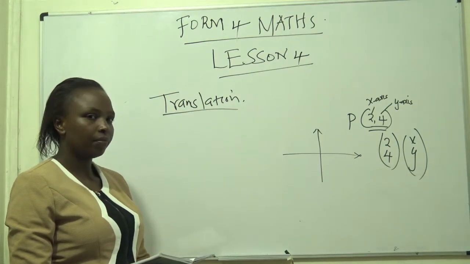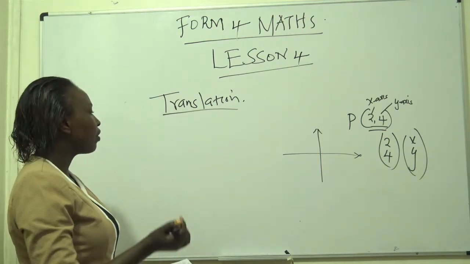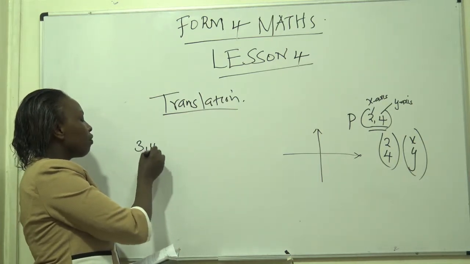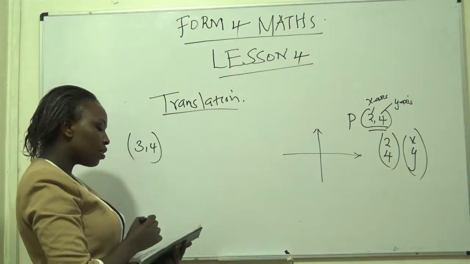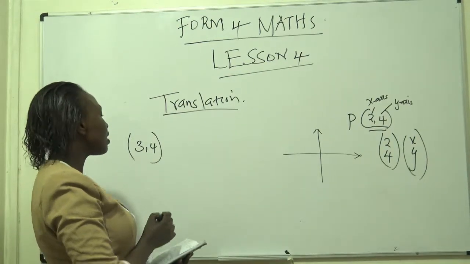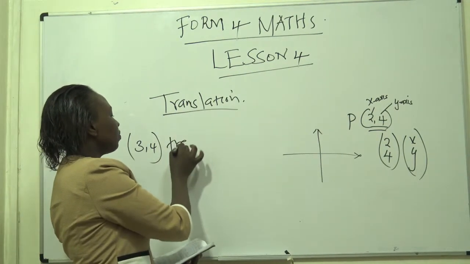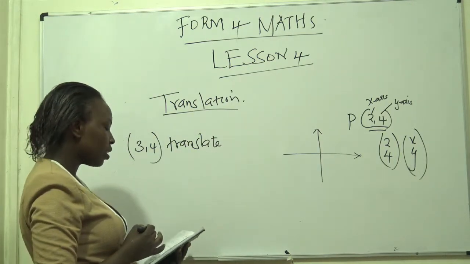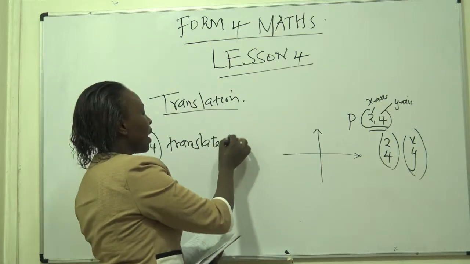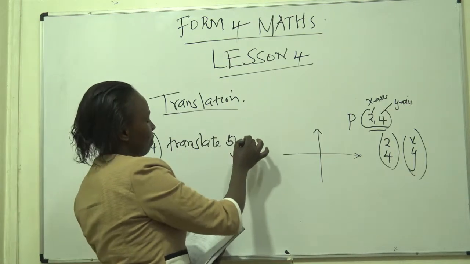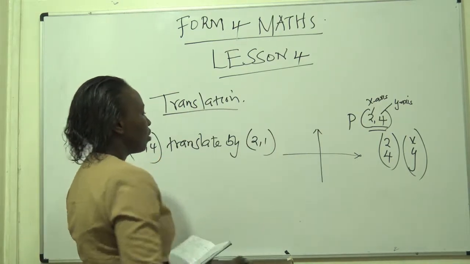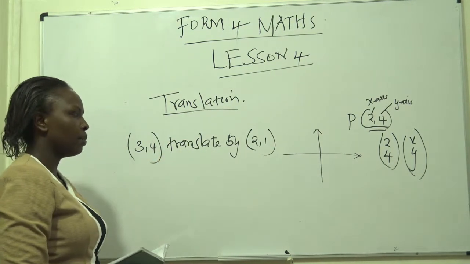What do you mean? Let's say, for example, we want to translate a point (3, 4) by maybe (2, 1). So what do we mean in this case?